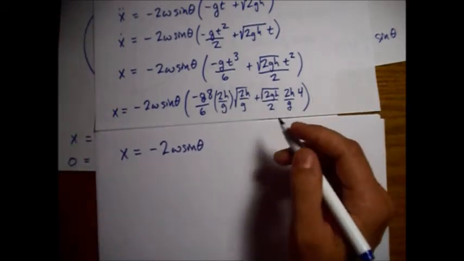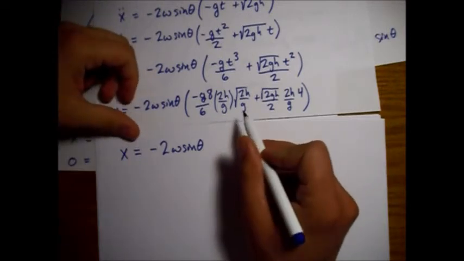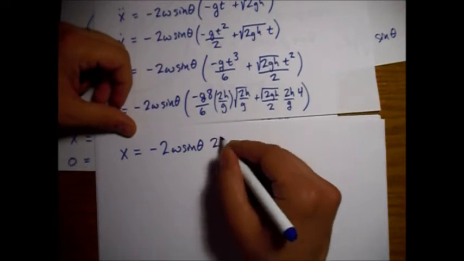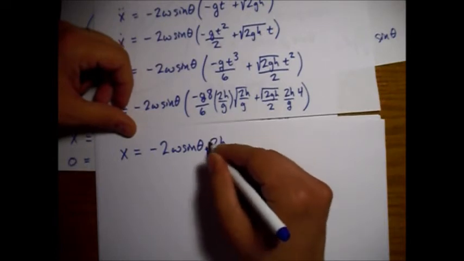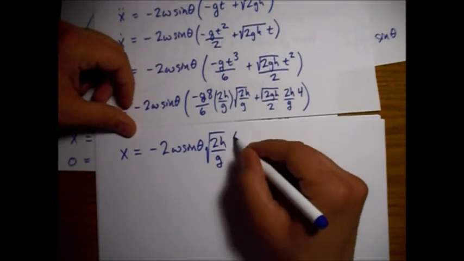Let's see if we can simplify some of this down. I'm going to bring out a 2h over g under a square root. See how that does for us.